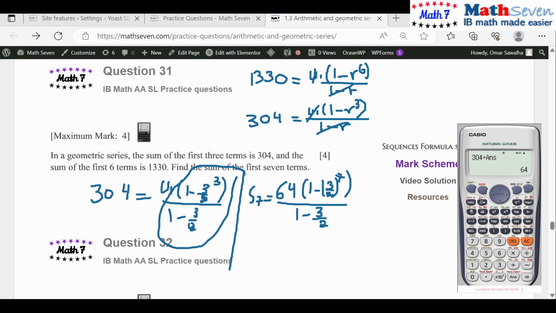Bring up the division bar and write 64, brackets 1 minus bracket 3/2, close bracket, to the power of 7, close the bracket, over 1 minus 3/2. You're done. Click equals. So you get 2059.